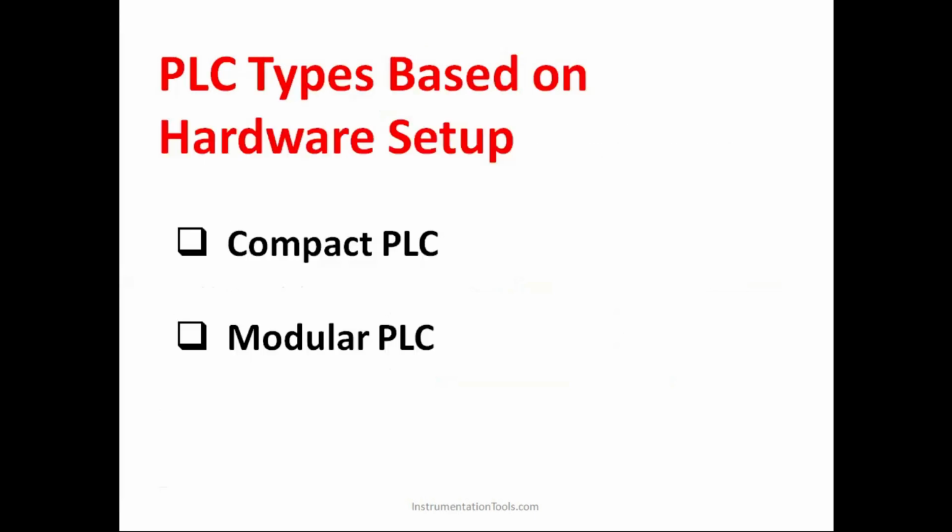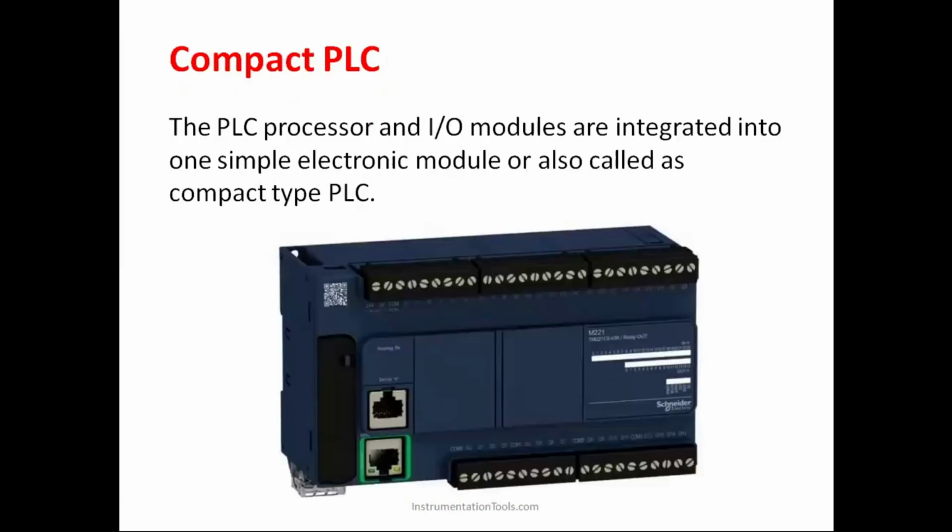Similarly, in compact and modular types of PLCs, compact PLCs have a fixed number of IOs, which means we cannot increase or decrease the number of IOs present inside the PLC. It also has everything inbuilt, whether it is memory or processor, all inside the same box. So this type of PLC is called a compact type of PLC.